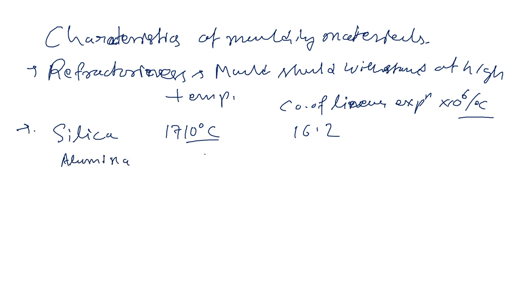Alumina is also a refractive material which has a melting point of approximately 2000 degrees centigrade, expansion coefficient 8. And magnesia, which has a melting point of 2800 degrees centigrade, and 13.5 is the expansion coefficient.